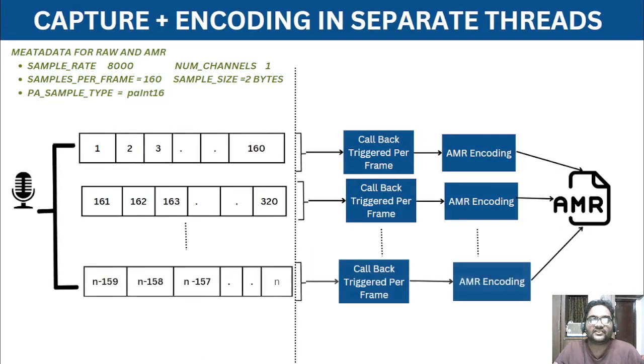It is multi-threaded in the sense that the callback mechanism runs on a separate thread. So we can call this a multi-threaded approach, or a callback mechanism approach. I hope I am clear so far. Next, let's move on.